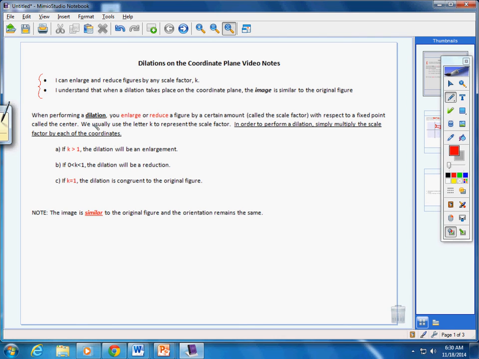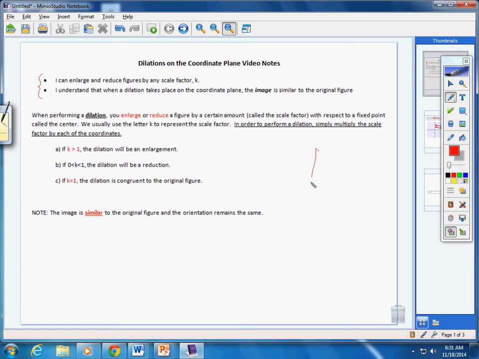So when performing a dilation, this is where you have to fill stuff in. When performing a dilation, you enlarge or reduce a figure by a certain amount. That certain amount we call the scale factor, with respect to a fixed point called the center.